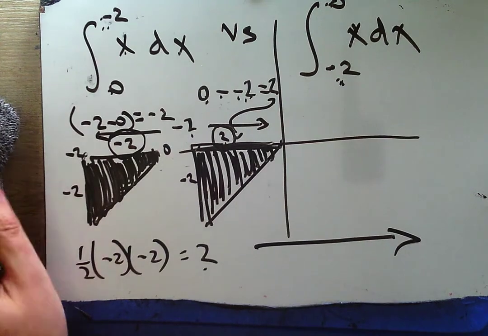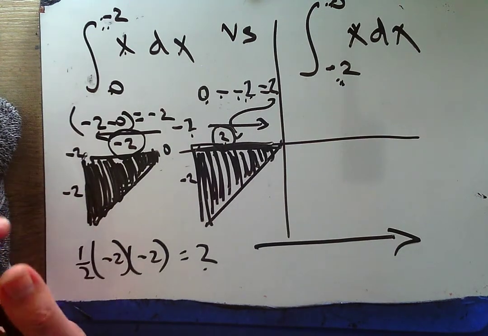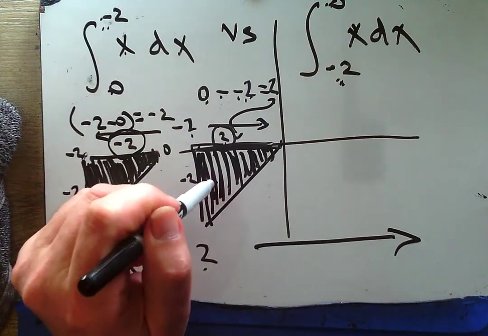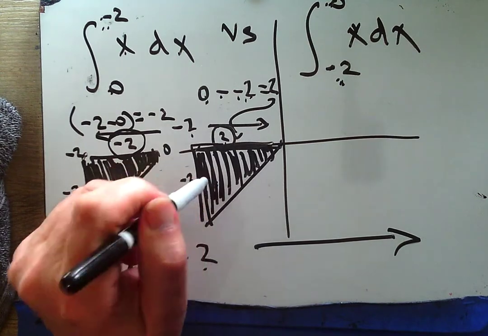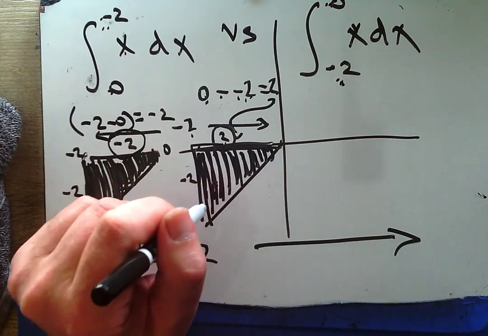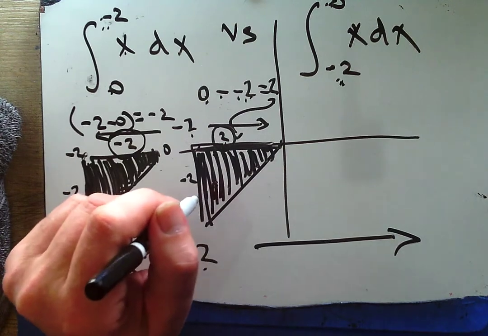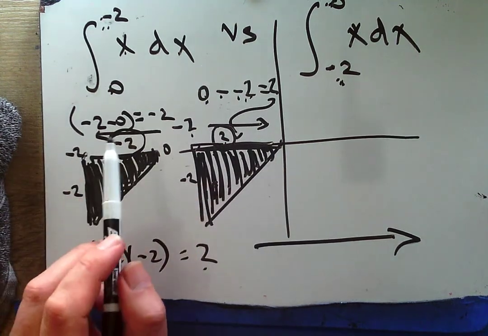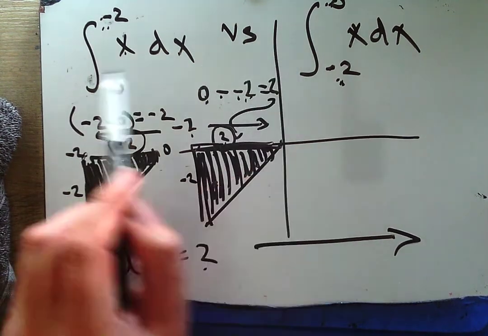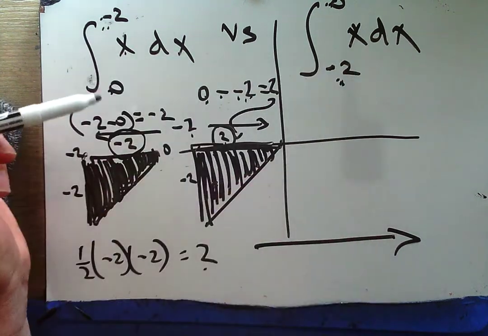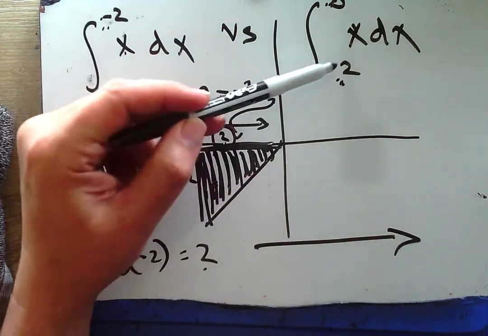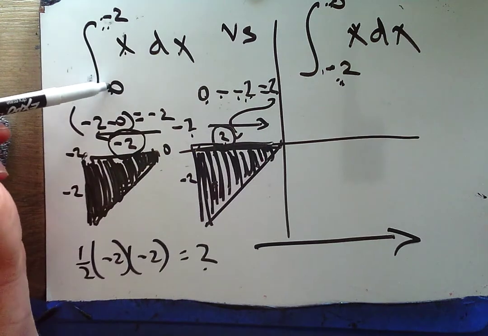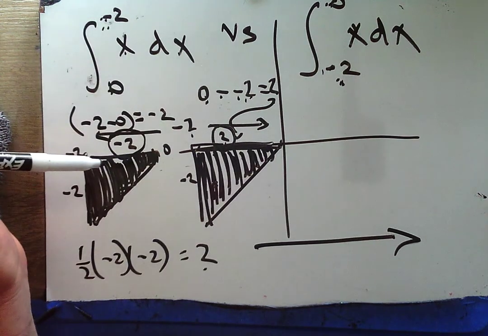Just like I need to be mindful of the fact that when my integral is below the x-axis, I expect a negative value for that integral. So too, I expect the opposite answer, depending on if I integrate from smallest to largest or from largest to smallest. Okay?